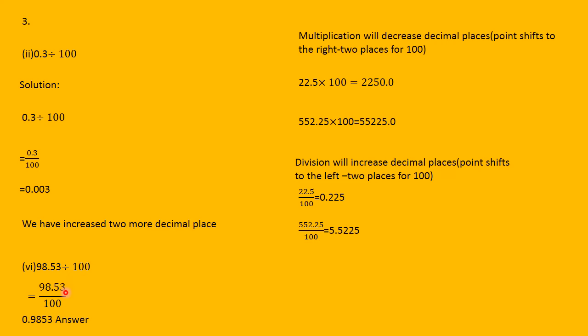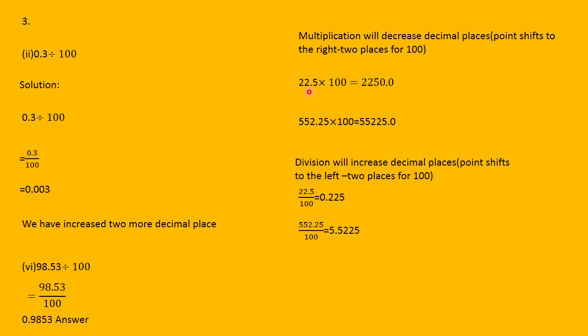Already 2 are there. Let us start from the right. 3, 5, and you will add 8, 9 and put a point. Then how many are there? 9853. 4 decimal places. Already 2 are there. You have to increase 2 more. So 0.9853.